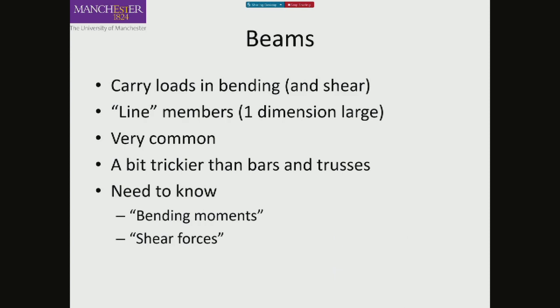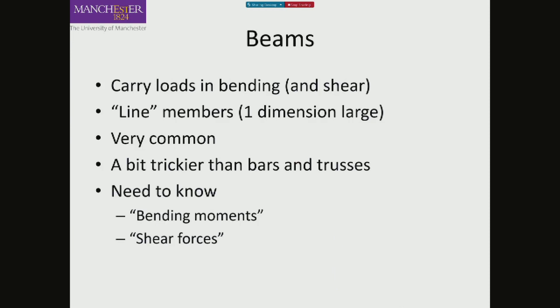Trusses use forces in the direction of the length. So either a truss member can be extended or pulled, or it can be compressed or pushed, for example. The load acts perpendicular to the cross section in a truss member. Beams, on the other hand, bend, and they resist the load by bending.